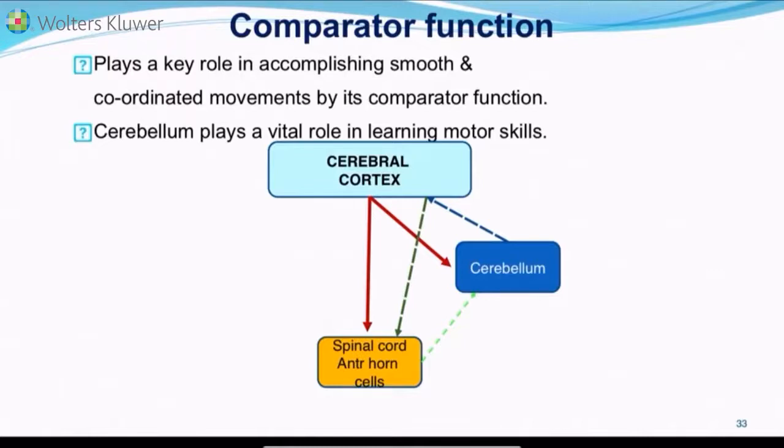Now what the cerebellum will do: any motor impulse given by the cerebral cortex to the spinal cord will be watched, supervised and monitored by the cerebellum. If the motor activity is not performed properly, the cerebellum will give the impulse again to the cerebral cortex.